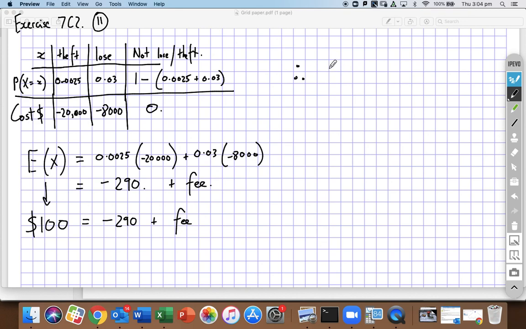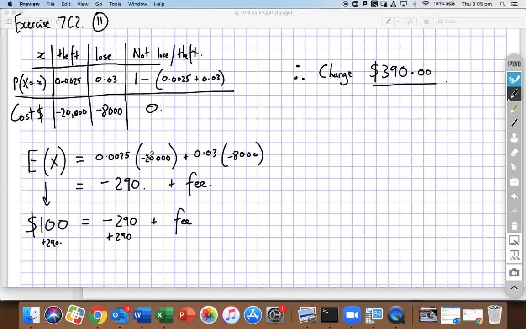Therefore, how much should the company charge? They would have to charge $390 so that on average, every time they insured a ring like this for $20,000, they would actually make $100. I assume this is a yearly thing, so you could add 290 to both sides here.